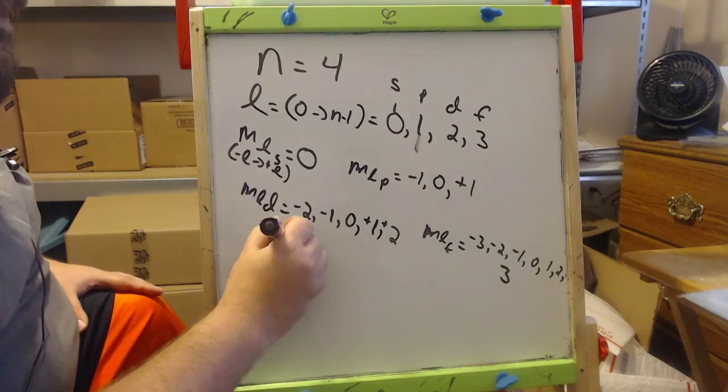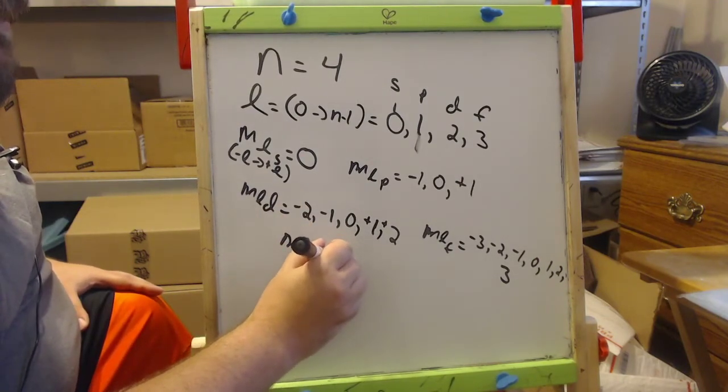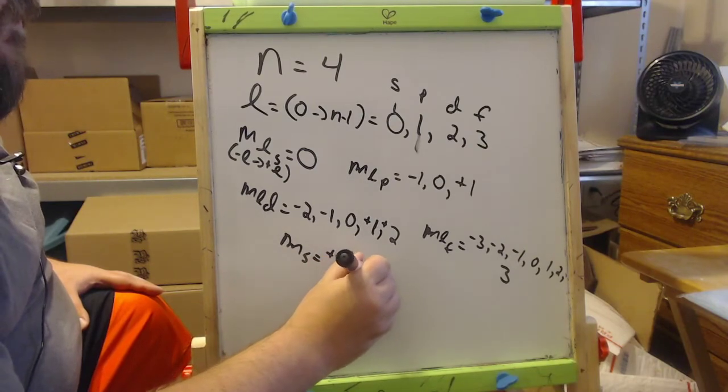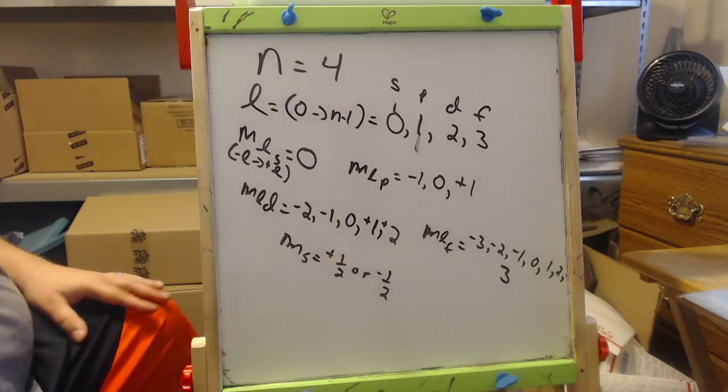Okay, and then the m sub s of each one of those is plus a half or minus a half, like so.